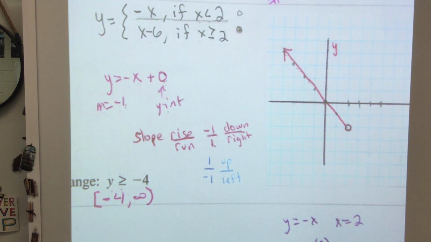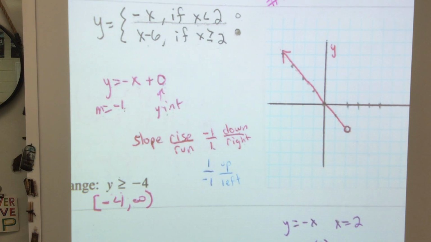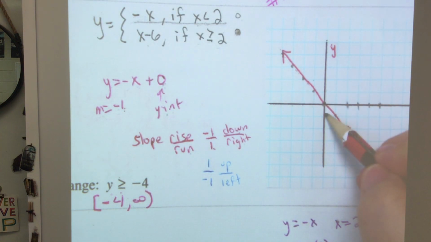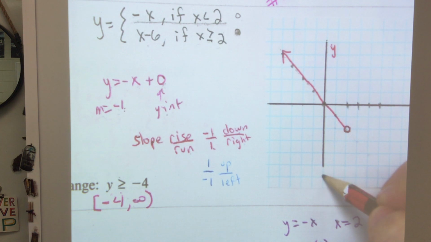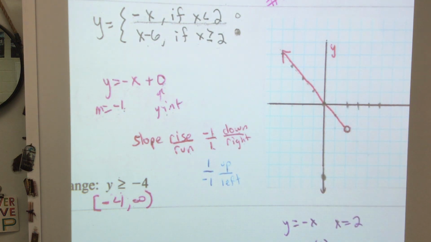My second line is x minus 6. And I'm going to do that again in pencil. Let's go down 1, 2, 3, 4, 5, 6 for my y-intercept. Okay. And it has a positive slope. So I go up 1 to the right 1, up 1 to the right 1, up 1 to the right, all the way up.